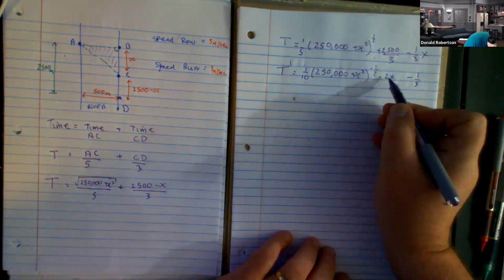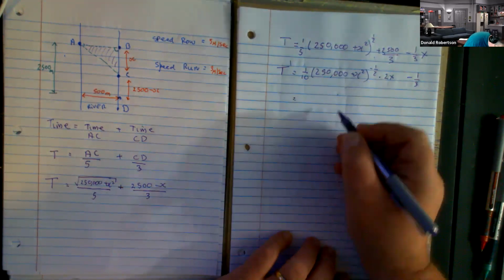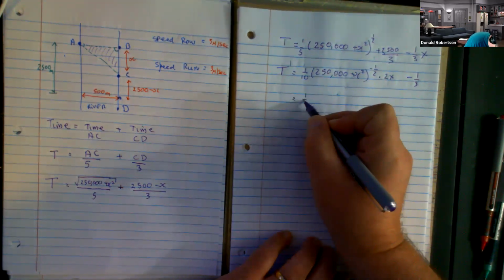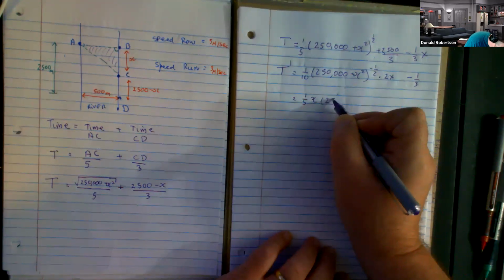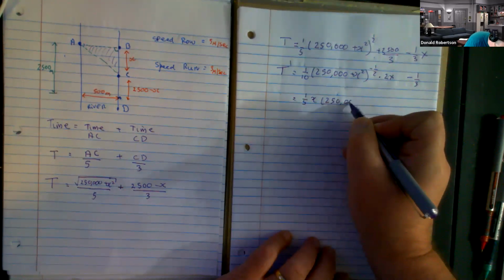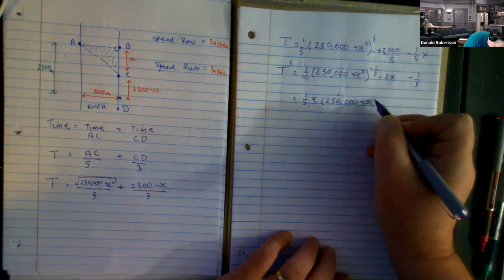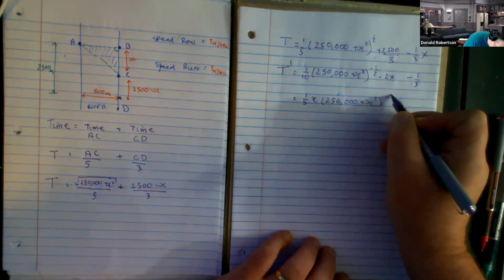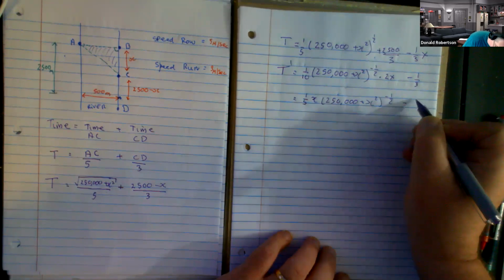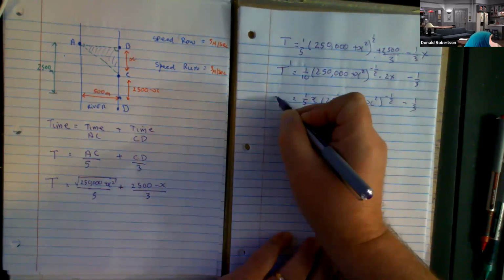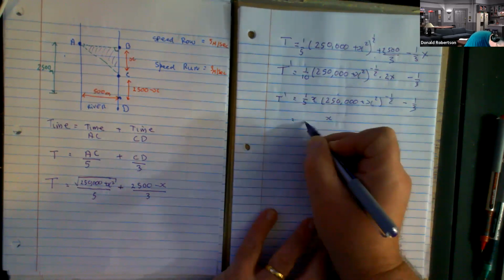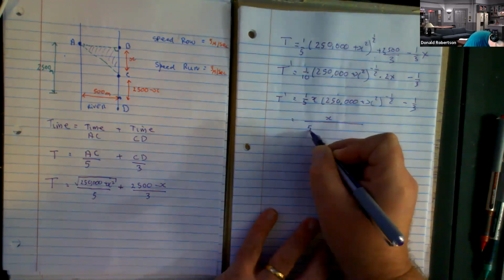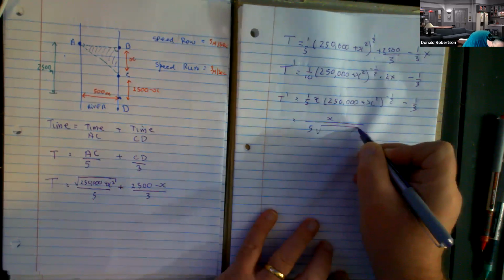So what do we have next? Well, that times that cancels partially, and you're going to have 1/5. You're going to have an x, and you're going to have this ugly guy, take away 1/3. I'm going to make this guy look a little bit prettier, having the x on the top, moving this downstairs and calling it square root.